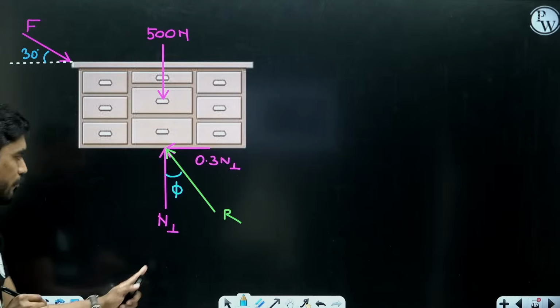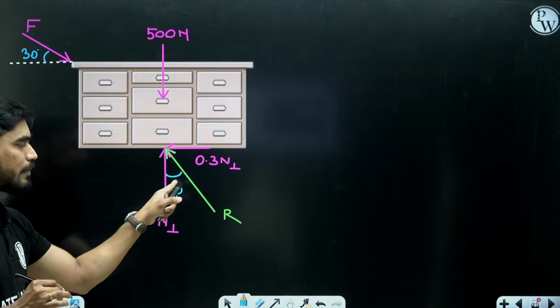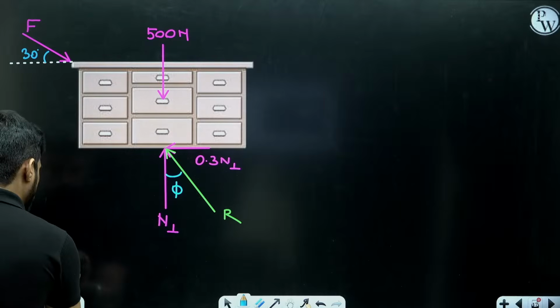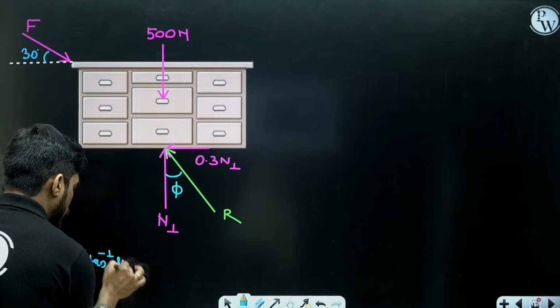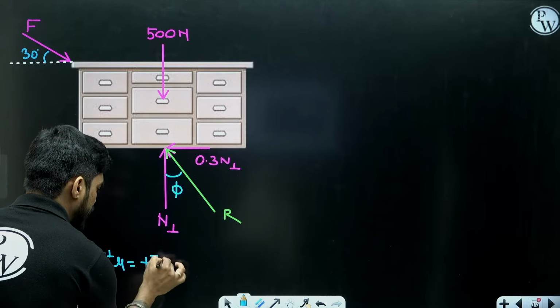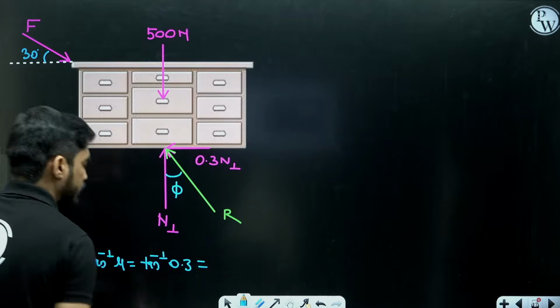You know the direction of the normal force, so the resultant will make phi with it. What will be the value of phi? It will be tan inverse of mu, means tan inverse of 0.3.